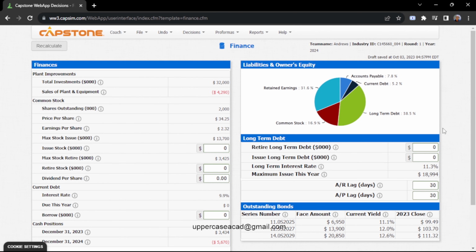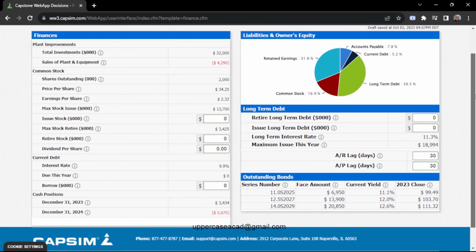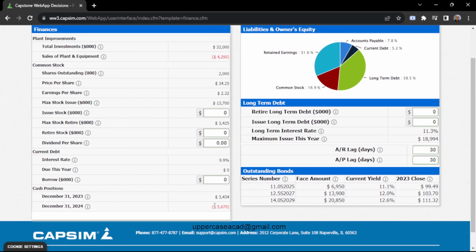Under the finance, we see that I'm being projected to have a negative, so these are signs of an emergency loan. But since I have various ways where I can get the funds, I'll decide to issue stock worth 10,000.